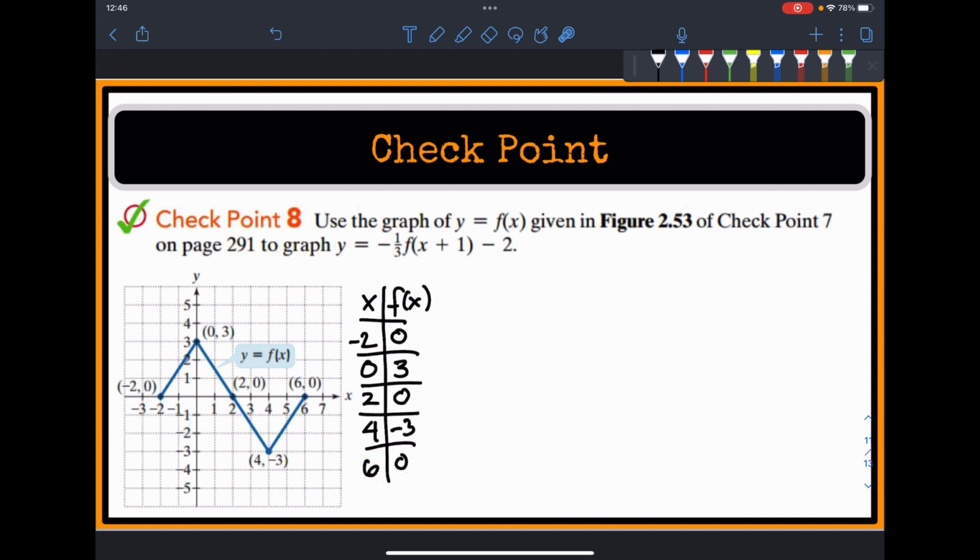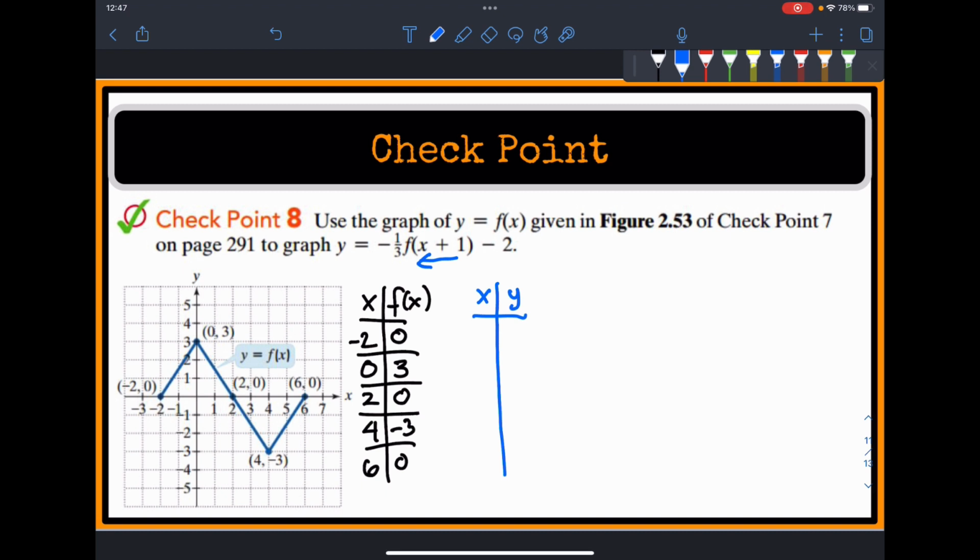To perform this transformation, let's take it one step at a time. We'll start first with any horizontal translations. Our horizontal translation is adding 1, which is going to shift this graph 1 unit to the left. So that's going to move every single one of these points 1 unit to the left, and decrease the x values by 1.